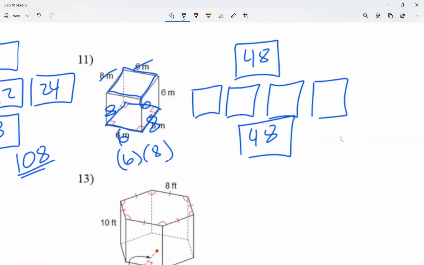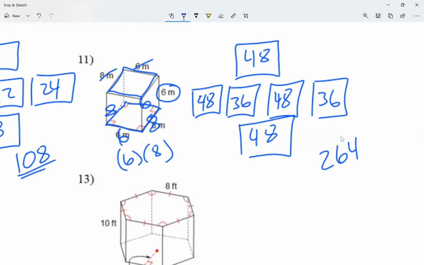In this case, the height of this prism is 6. So I'm going to go 6 times each side of the base. So 6 times 8, 6 times 6, 6 times 8, and then 6 times 6. Then just add everything. And I happen to get 264.